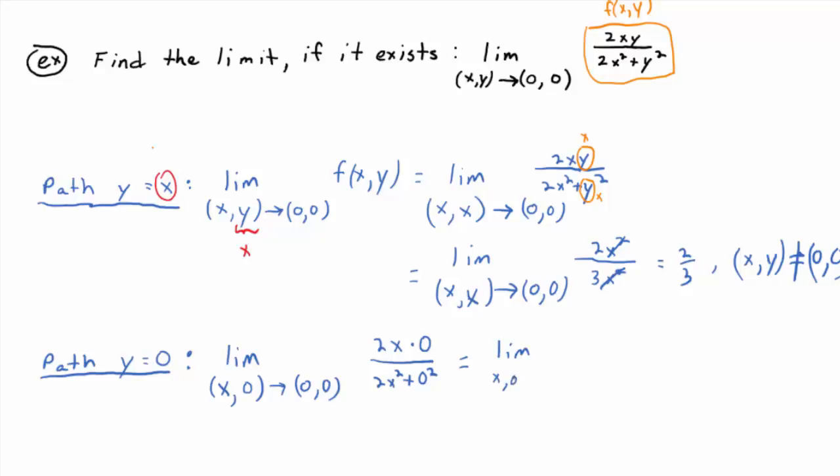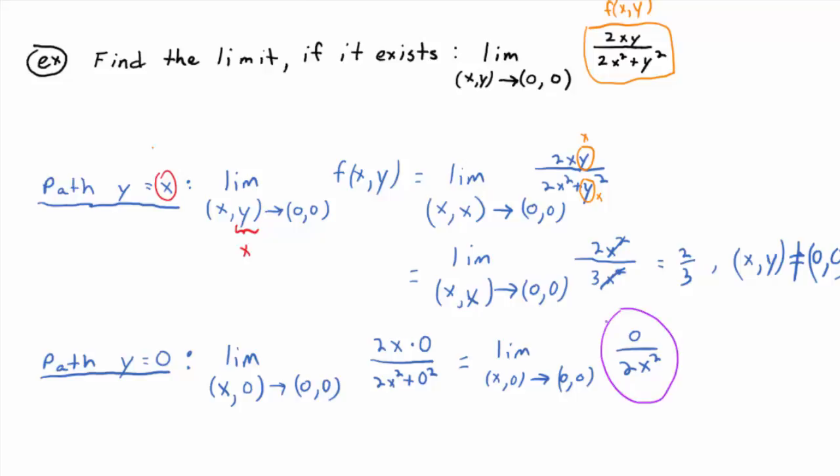So 0 over, by the way, I'll keep the limit notation, same limit notation. But this becomes just 0 over 2x squared. Remember, we're not letting x get to 0, otherwise you'd have division by 0. But that's what it becomes. 2x times 0 on top is just 0. That whole thing is just 0 then, right?